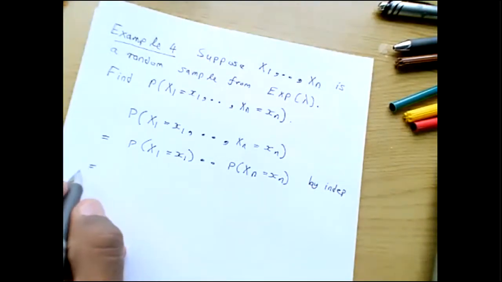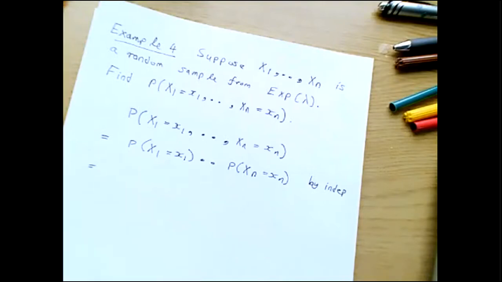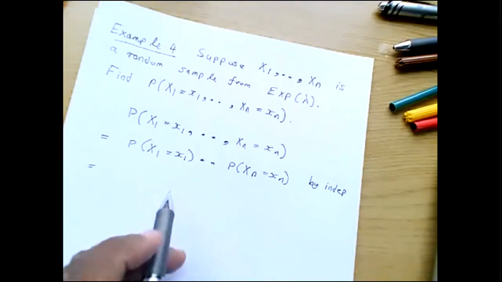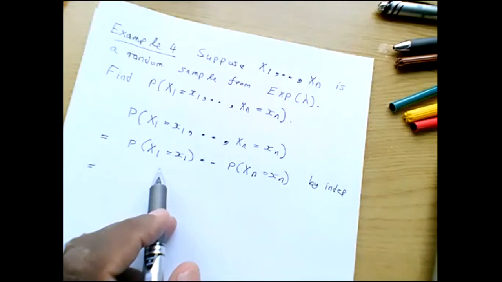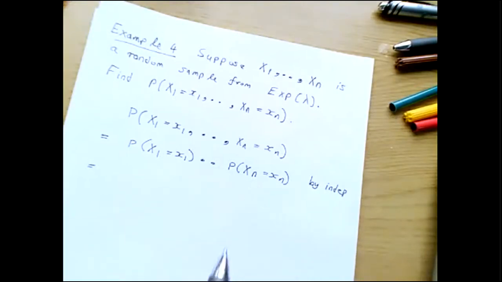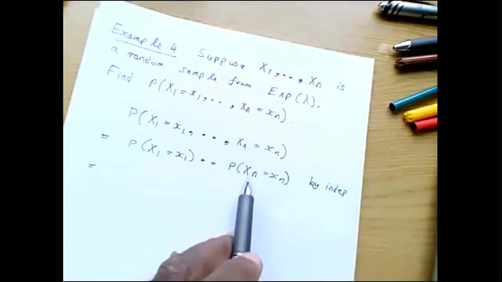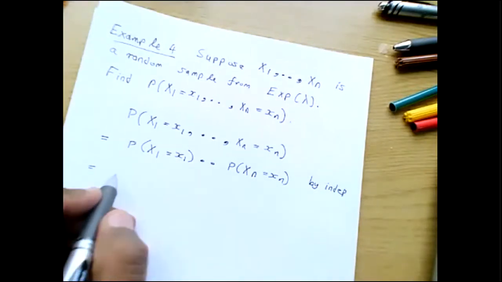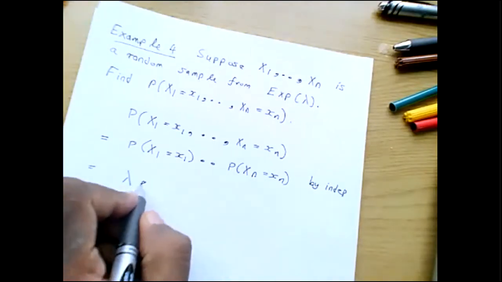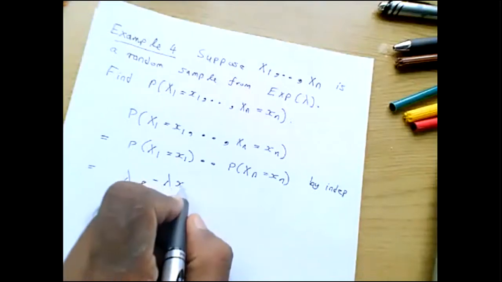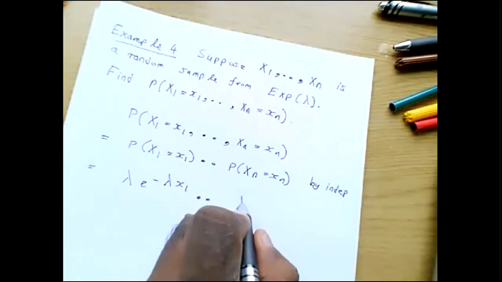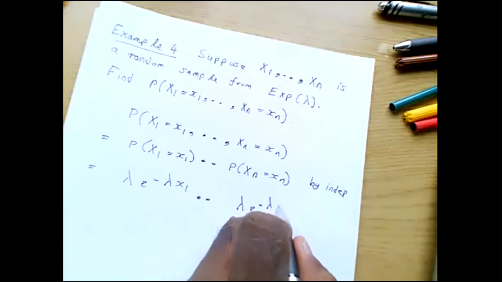Now we know that the joint probability for, sorry, in this case we are dealing with discrete, but I'm abusing my notation here. Anyway, the density for the exponential distribution is lambda times e power minus lambda x1, and lambda times e power minus lambda xn.